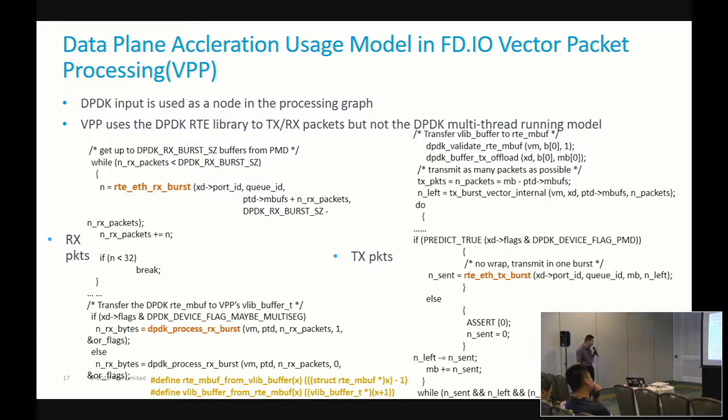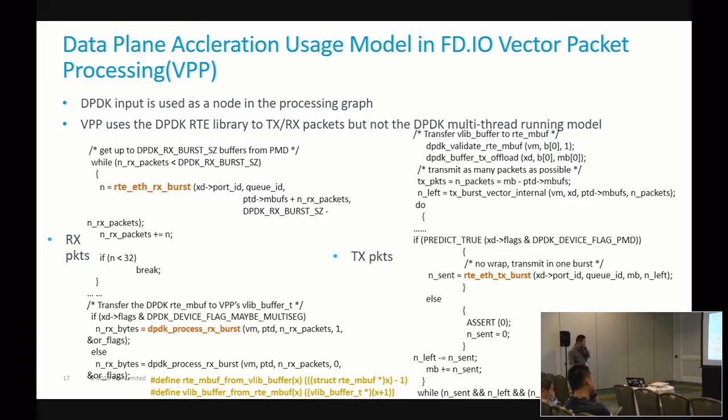For example, VPP uses the rte_eth_rx_burst function call to do packet receiving. Here we would like to say that there are two conversions between VPP's packet buffer, known as vlib buffer, and the other buffer structure DPDK uses, which is named mbuf.